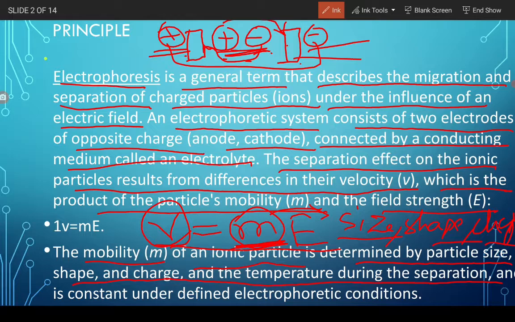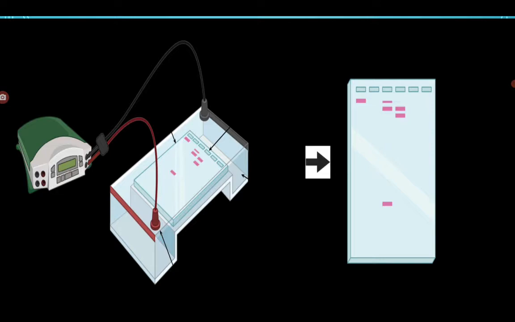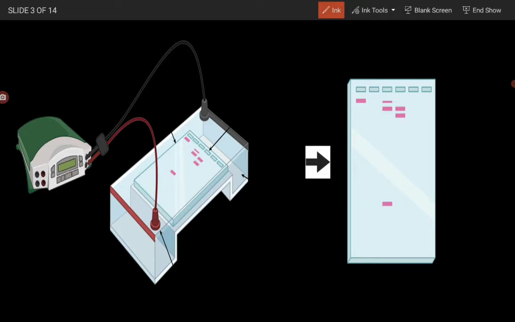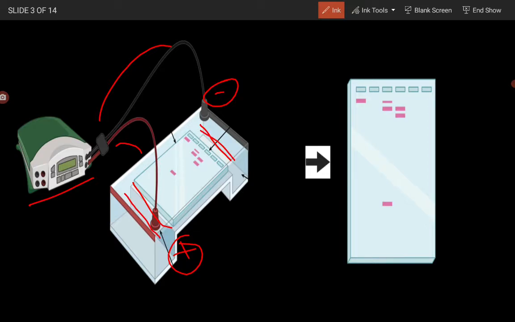So this is electrophoresis. Now here is a diagrammatic view of gel electrophoresis. You can see that this is the voltmeter and this is providing voltage to the, let's say this is cathode and this is anode, okay, and they are connected to each other, and this is a gel in which the samples are run, and there are electrolytes provided on either side, and these are the wells where we put the samples, these blue boxes.